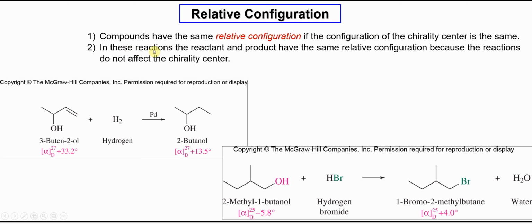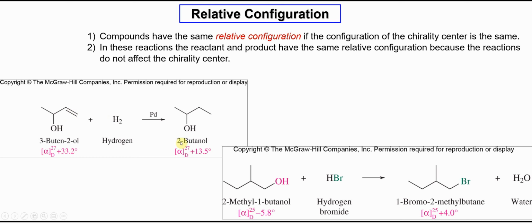In these reactions, the reactant and the product have the same relative configuration because the reaction does not affect the chiral center. So for example, I have my 3-buten-2-ol, my enol. It is subjected to a hydrogenation reaction under a platinum catalyst.